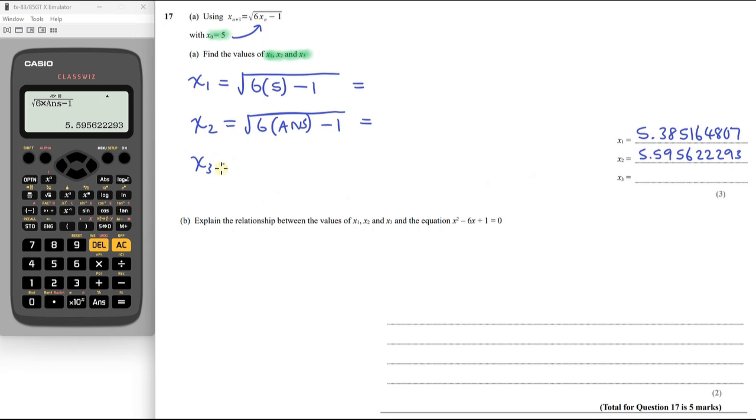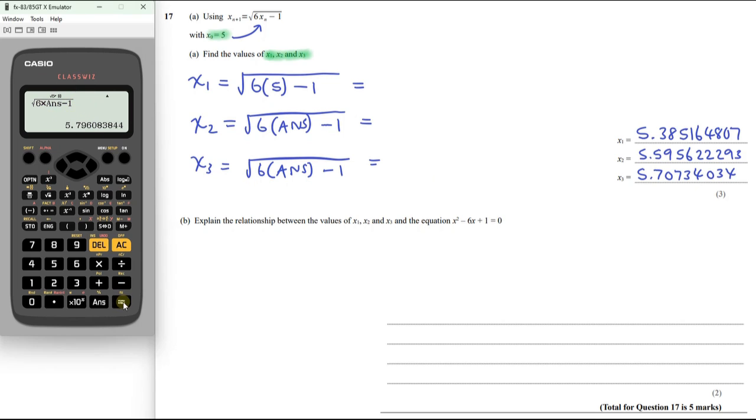Now for x sub 3, we're going to do exactly the same thing: the square root of 6 times previous answer minus 1 is equal to 5.70734. So we've got our 3 values for x1, x2 and x3. And if you found x4, you didn't need to do this whole procedure again.